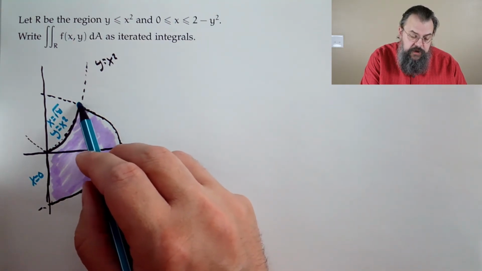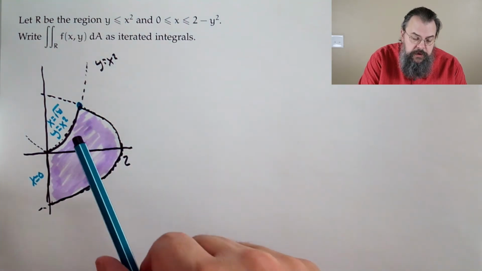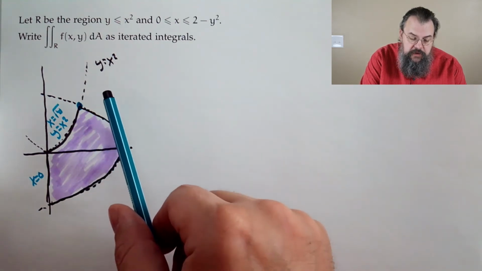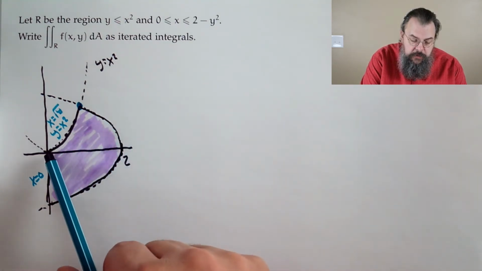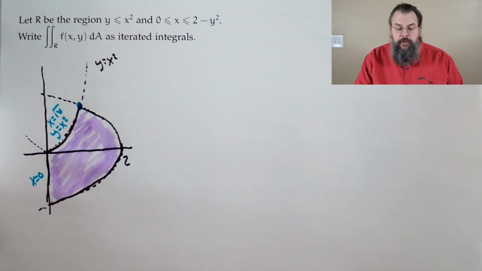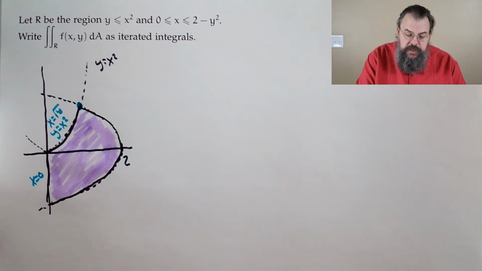How about this corner? Can we find that? What would be true? Well, if we're in this corner, what would be true is that we'd have y equals x squared, and simultaneously x equals 2 minus y squared. Wow. Okay. Well, let's think about that for a second.